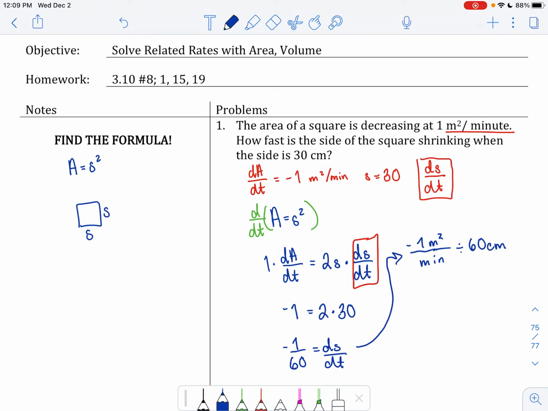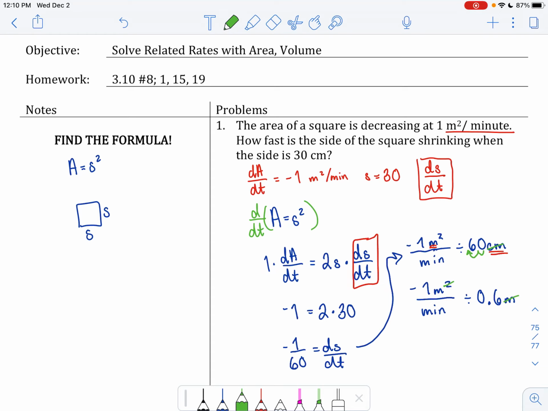So what we are going to have to deal with is the fact that we have meters for one of our units and centimeters for the other. So what I'm going to do then is convert, moving the decimal place 2 spaces to leave you just a meter, and then I end up with -1 meters squared per minute divided by 0.6 meters.